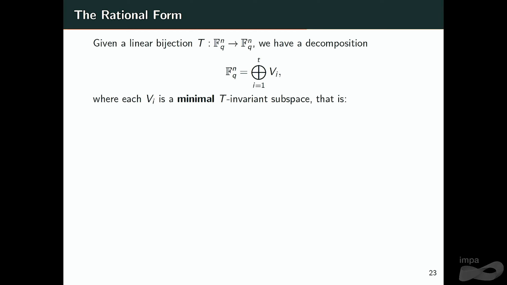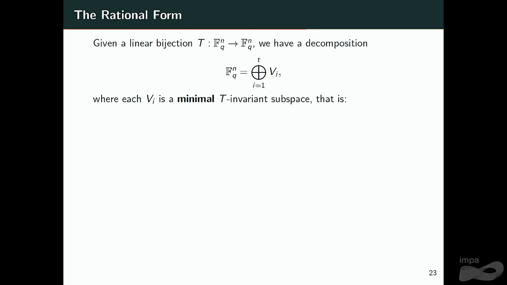Okay. So now, focusing on the bijective part, what we do is break the space again into invariant subspaces, right? So here I have a bijection, and I want to decompose it into very nice invariant subspaces. We have this theorem, which is called the rational form. It's basically a generalization of the Jordan form for fields that are not algebraically closed, right?